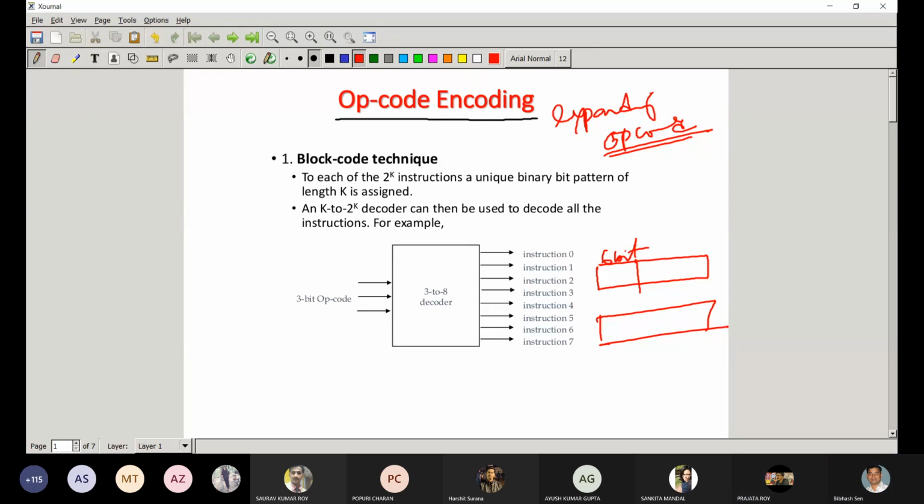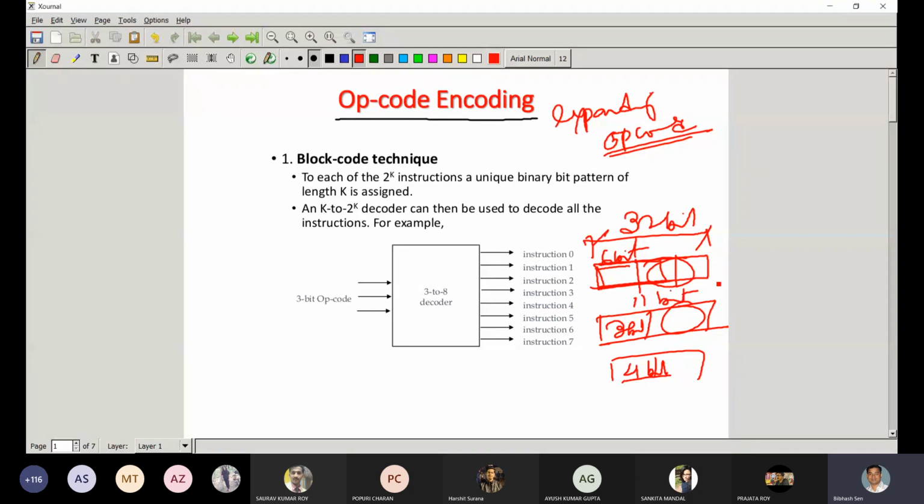Audible. So sometimes it is a 6 bit, sometimes it is a 3 bit, sometimes it will be a 4 bit. Because of the changing of the addressing mode, the opcode value may change because of the total number of addressing bits. If it is a 32 bit or if it is an 11 bit, it will almost be the same.